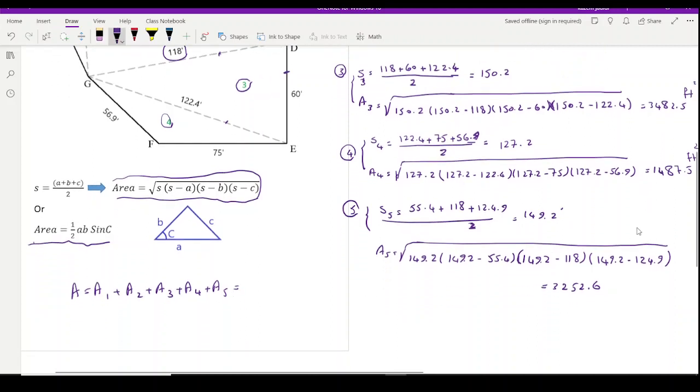If you add them to each other, it's going to be 10,452.7 square feet. Depending on how you round it up or down, this last digit may be a little bit different for you.